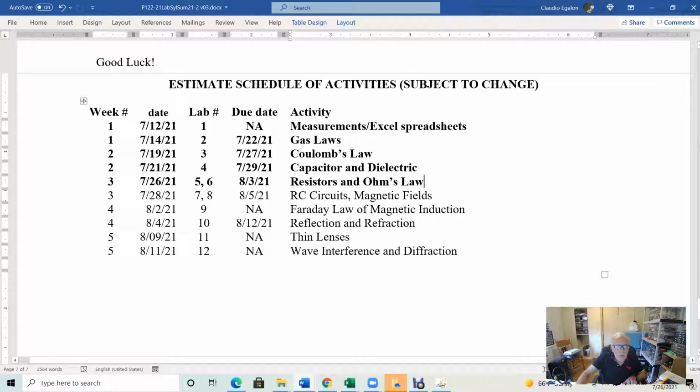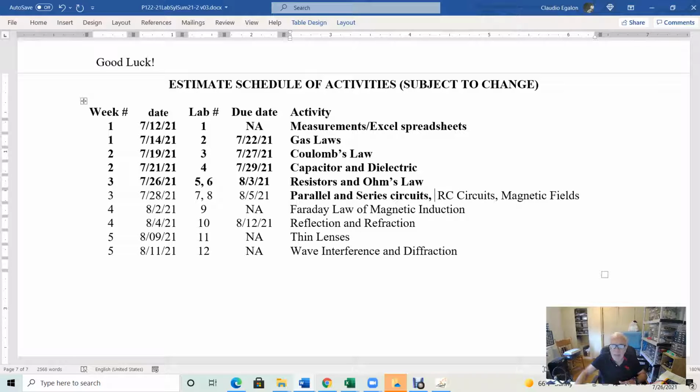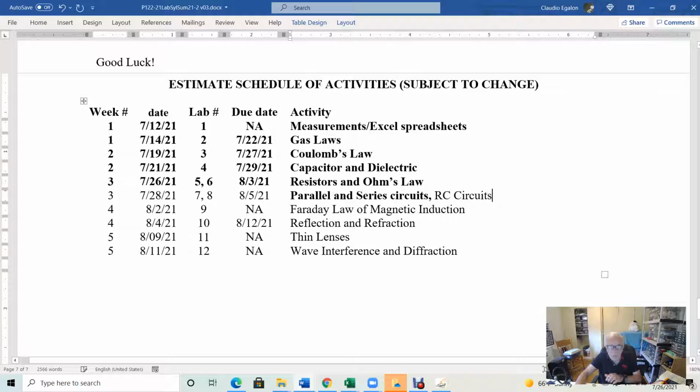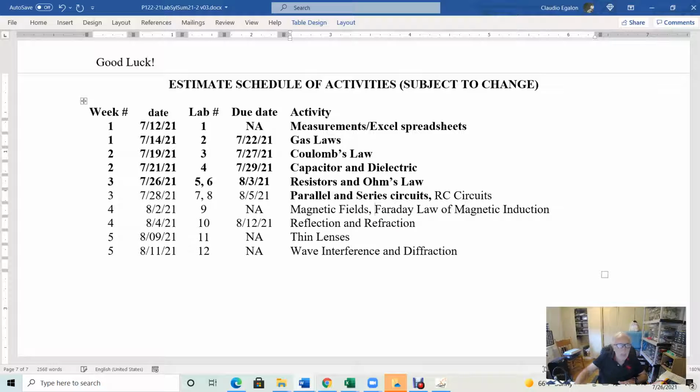I'd rather do two labs in the same day when everybody's present, so they don't miss two labs. That's why I'm doing that. Magnetic field has to be postponed to the next one, right?